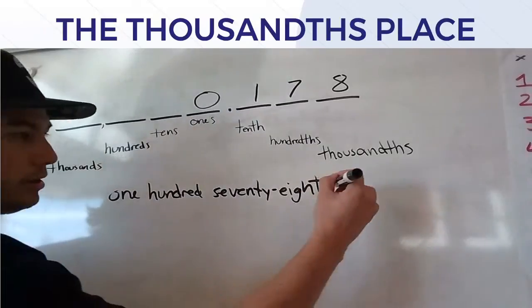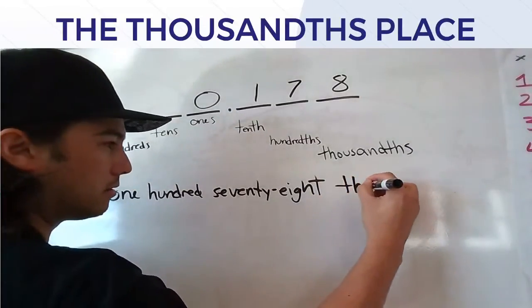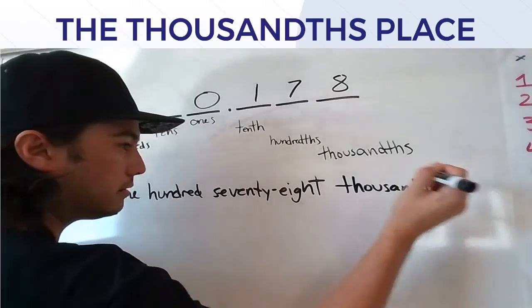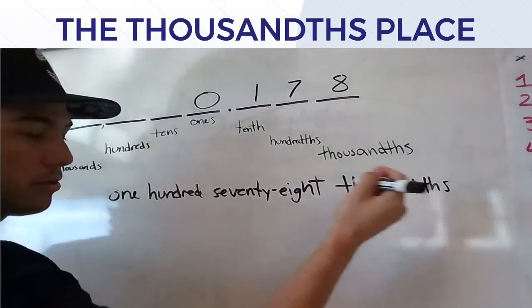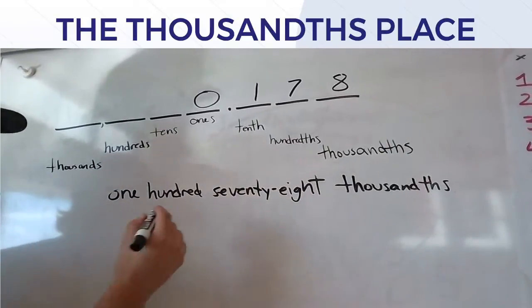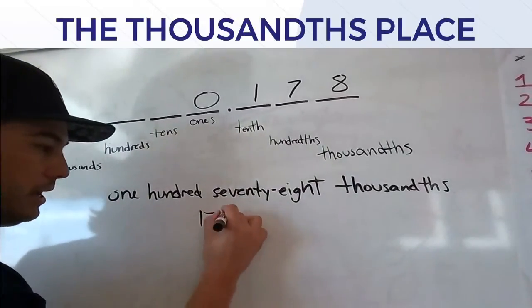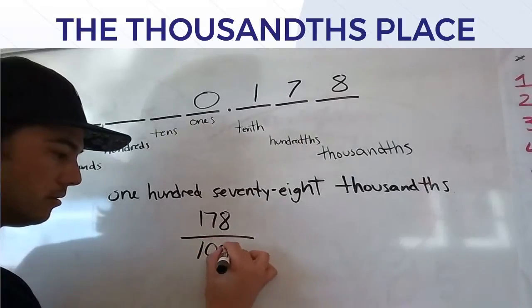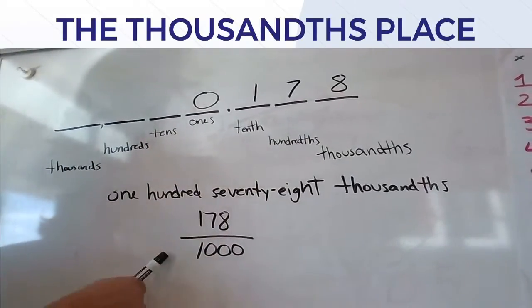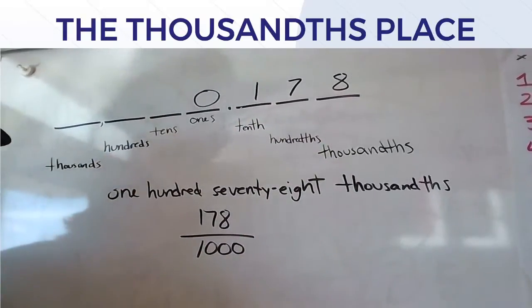So you'd write 178 thousandths. And thousandth is just like thousand, but you throw a th on the end. If you wanted to look at that in fraction form, 178 thousandths. Three different ways to write the same value.